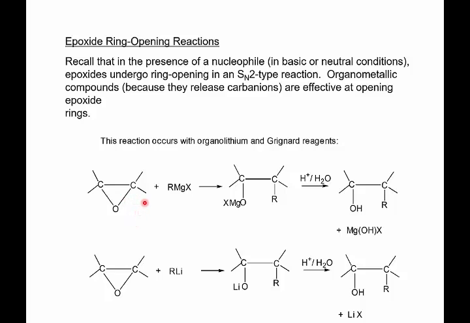And that's what's going to happen here. The organomagnesium is going to break off a carbon anion, a carbanion. It will act as a nucleophile, and the nucleophile will seek out and bond to the epoxide carbon, breaking away the oxygen here, breaking the C-O bond.